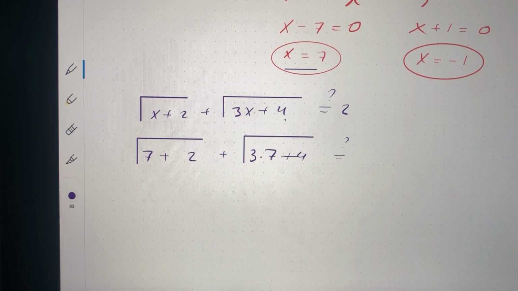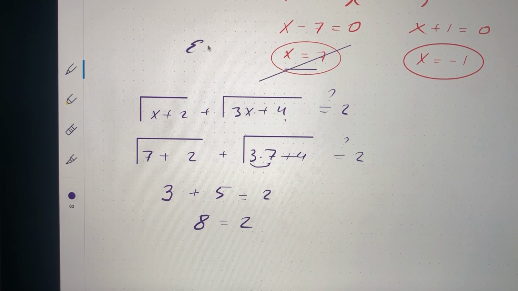Is that equal to 2? Well, 7 plus 2 is 9, square root of 9 is 3. And then 3 times 7 is 21, plus 4 is 25, square root of 25 is 5. And so this says 8 is equal to 2. That's not true, which means our answer 7 does not work. This is what's known as an extraneous solution. And we have to make sure to check for them and to toss them out if they do show up.